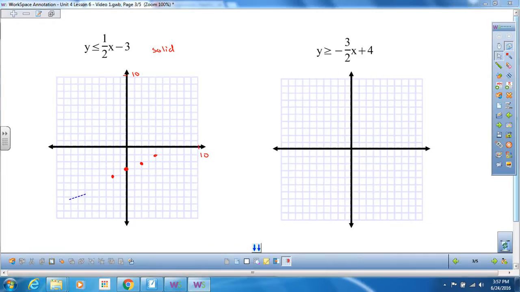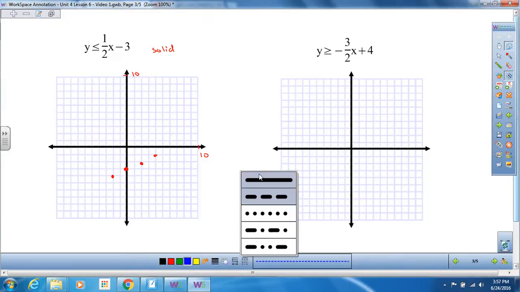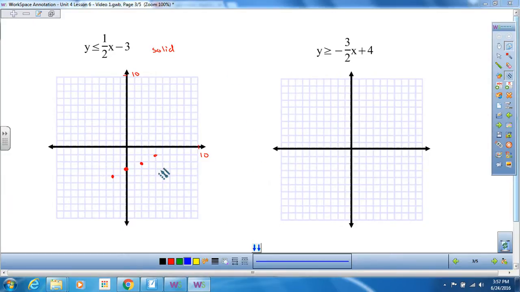I need to change that. Back to solid. Okay, solid line.